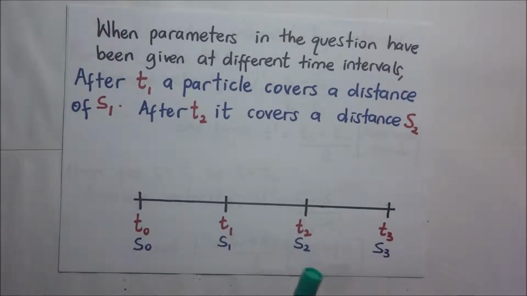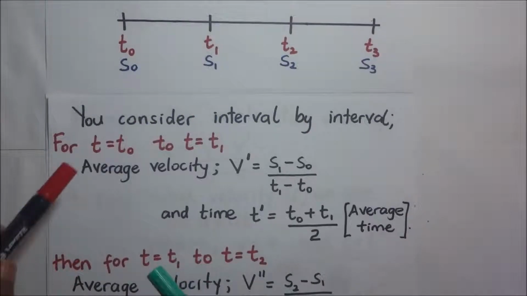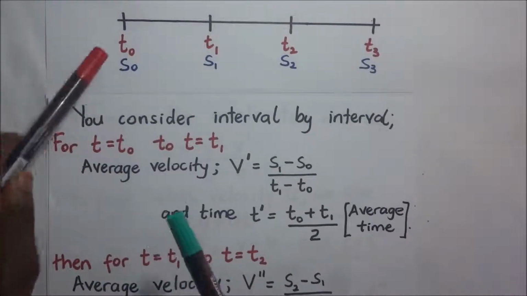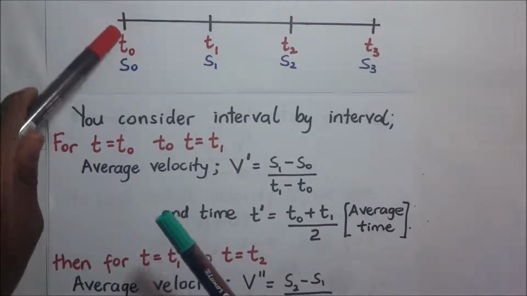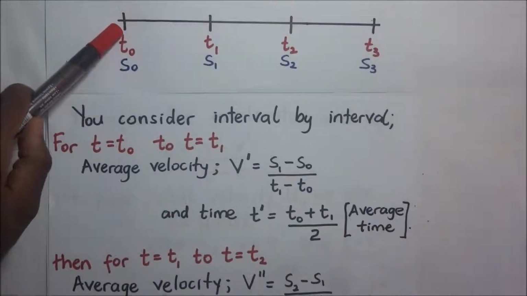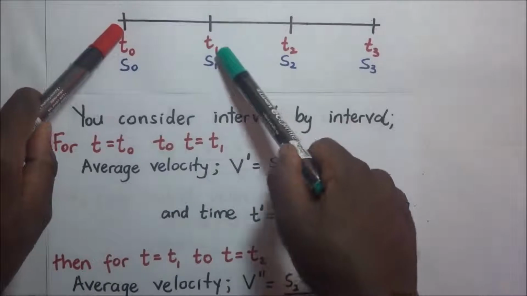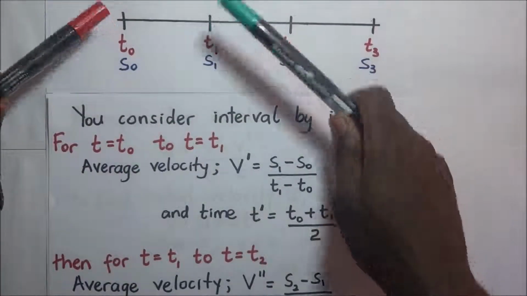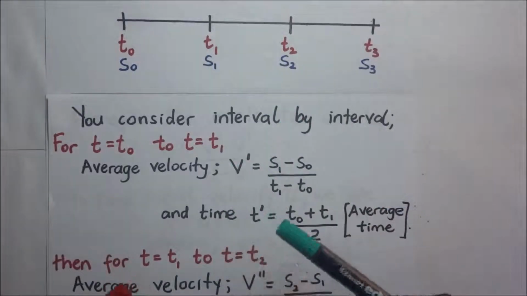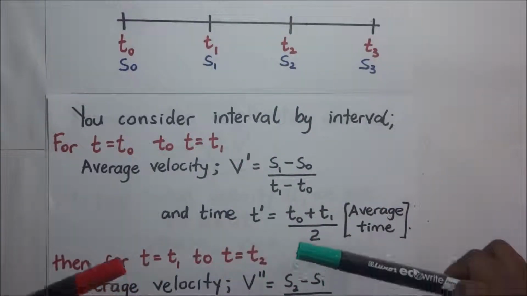We are going to consider interval by interval. Let's look at the first interval from t0 to t1. From when the particle started moving from this point, after t1 it covered a certain distance s1. To get the average velocity here, we know that velocity by definition is the rate of change of displacement.